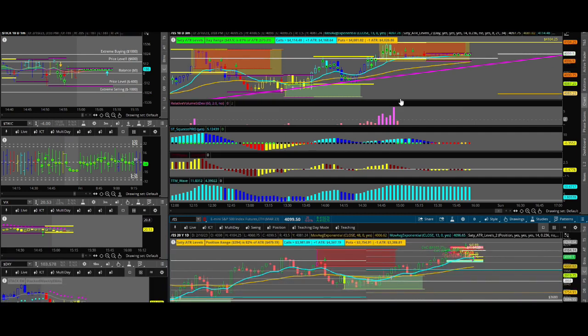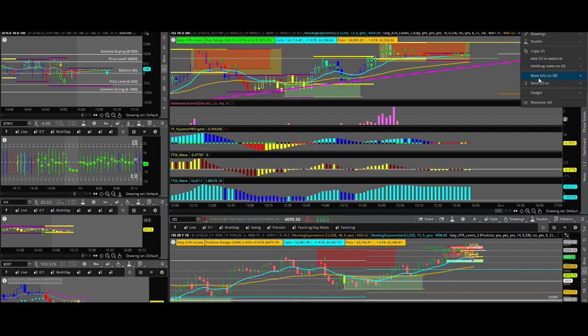So I really solely trade off my 3-minute chart because now I have the overlay for the 15-minute, so I don't really have to reference the 15-minute chart as much as I used to. I just look at the price action on the 3-minute and use the 15 to confirm trends.